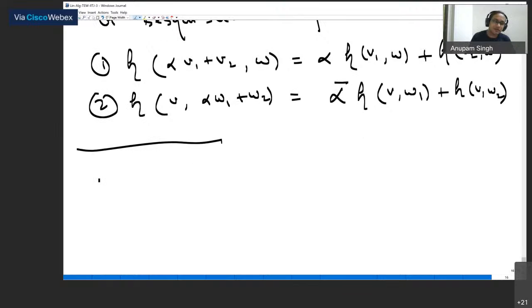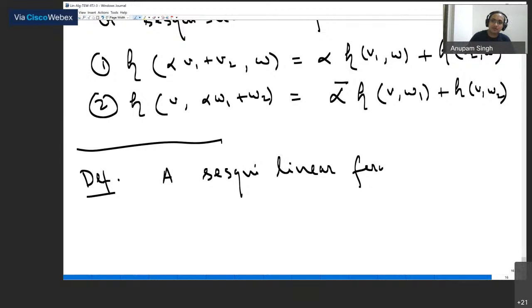And one can make a further definition that a sesquilinear form is said to be Hermitian. This will be a familiar word for many of you.